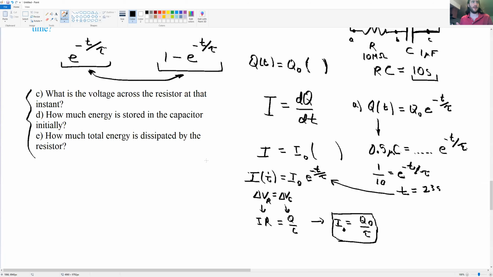So at that same value of t, the 23 seconds. How much energy is stored in the capacitor initially? And then how much total energy is dissipated by the resistor? So there's actually a nice way to figure out part E without using any calculus. I'll let you guys think about how you would do that.